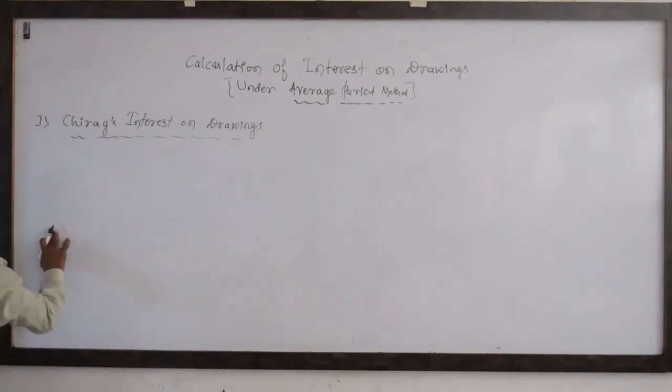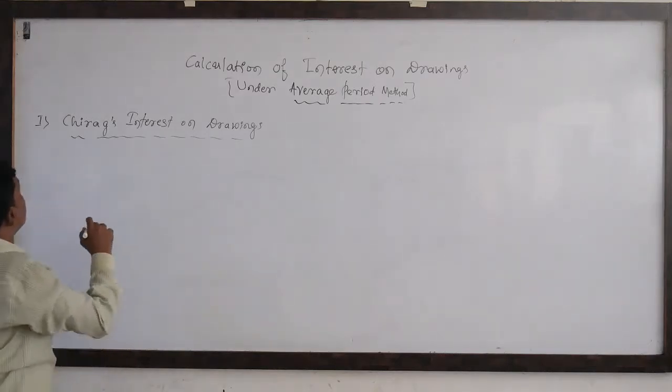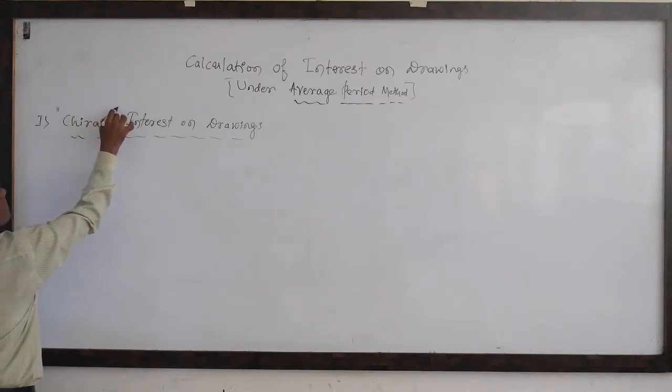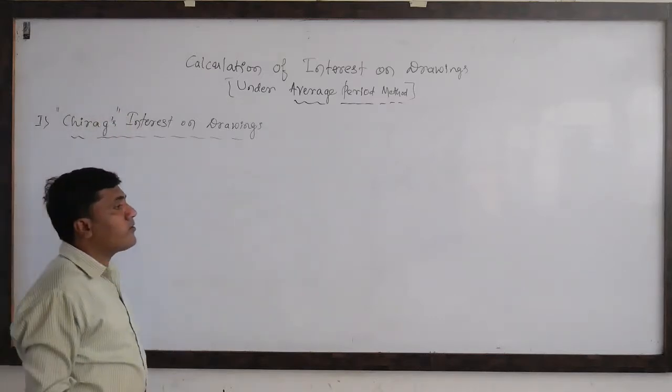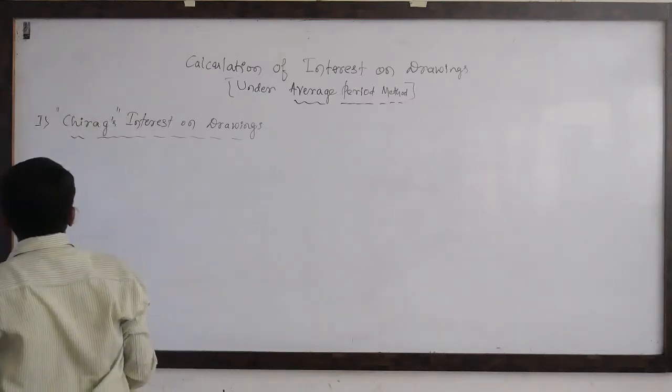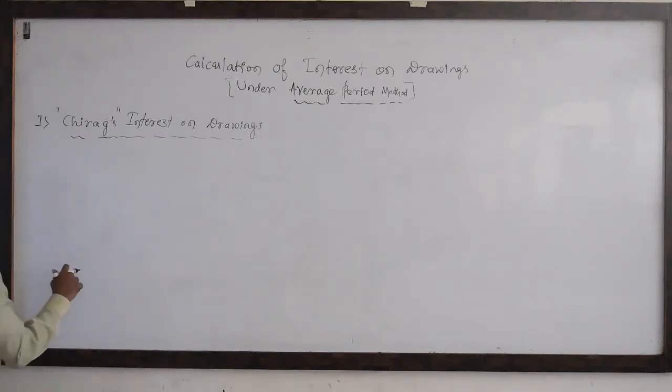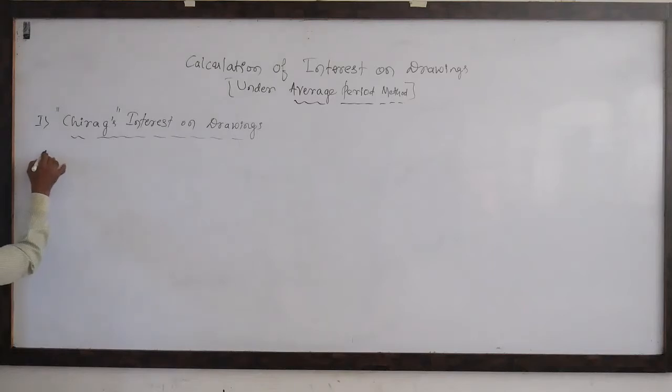So dear students, for calculation of interest on drawings of Mr. Chirag, we need to calculate the average period, as he has made his drawing at the beginning of every month.